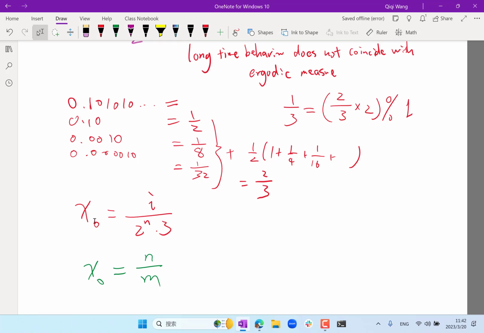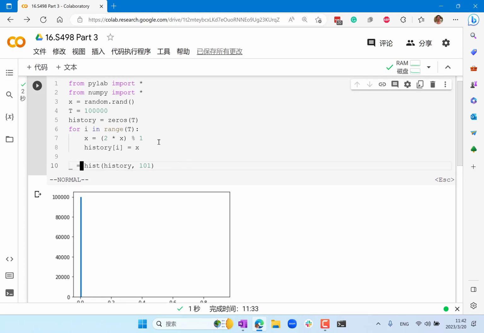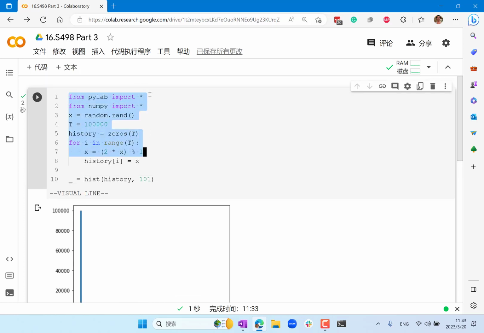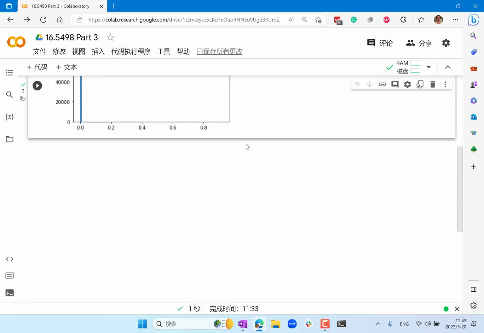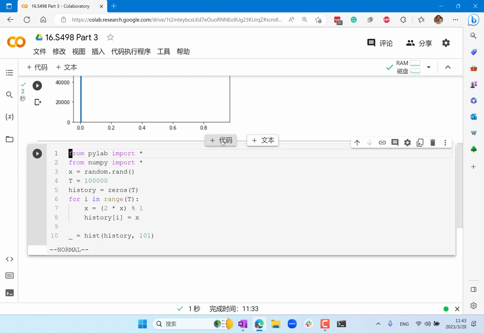So that actually makes it tricky to numerically simulate this stuff. One of the ways we have found it possible to actually reproduce the ergodic distribution is, instead of looking at the domain from 0 to 1, we look at it in the domain from 0 to some irrational number, like pi, for example.